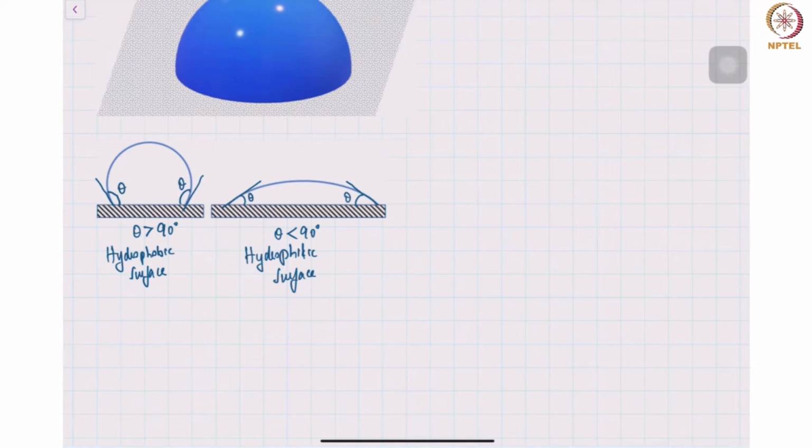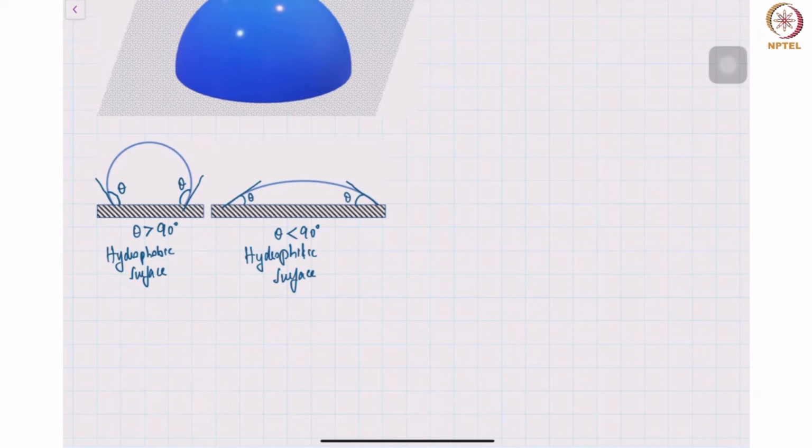Okay. So we saw that surface tension, if it was in free air or where there is no solid surface, would try to minimize the surface area.